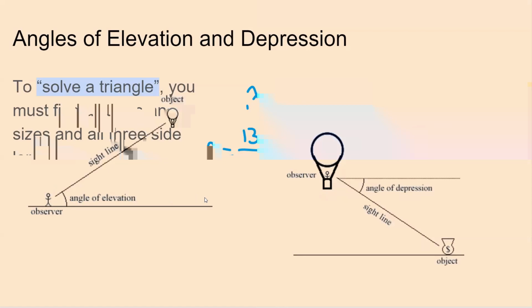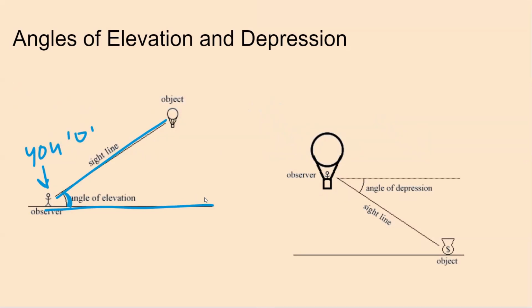So this would be the ground, and this is your line of sight, and here's you. This angle over here is called the angle of elevation. Imagine your head is tilting up, elevating towards the sky, so that's why it's called the angle of elevation.